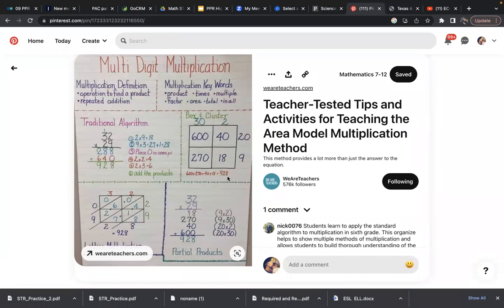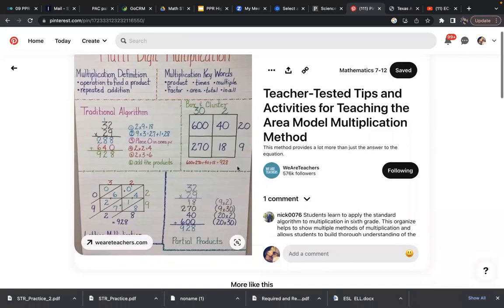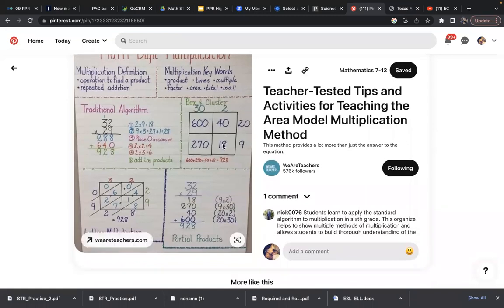So you could have 600 plus the 200 plus the 40 plus the 18. I just don't know why you would do that. This is confusing to me because it's never been taught to me.